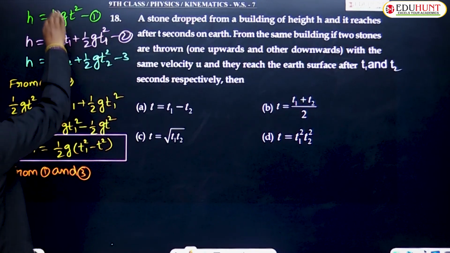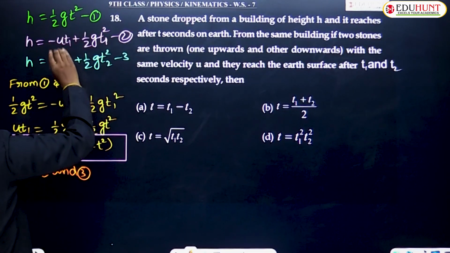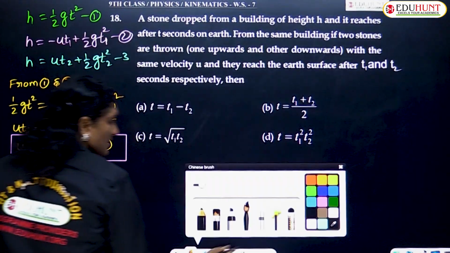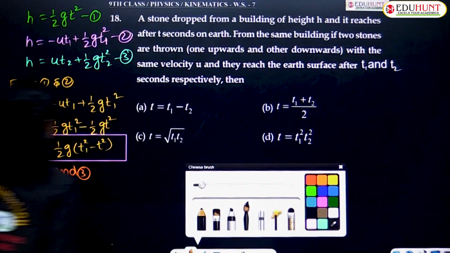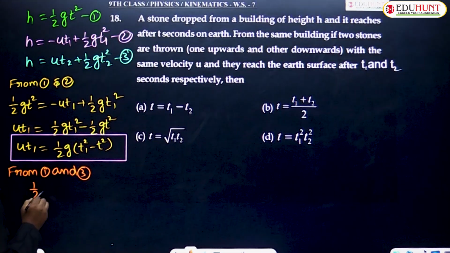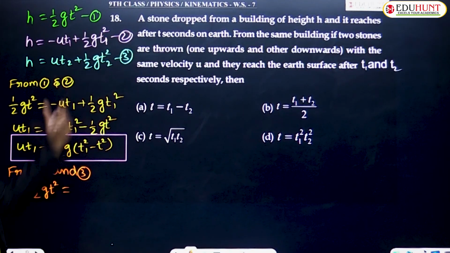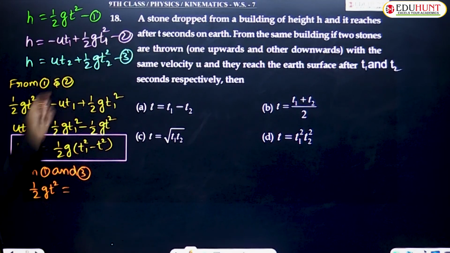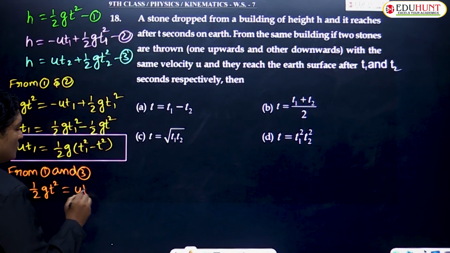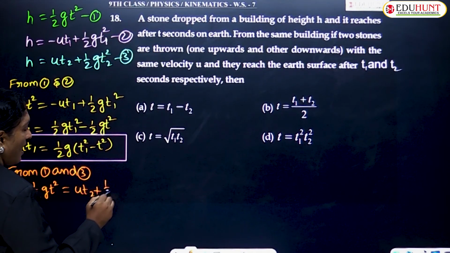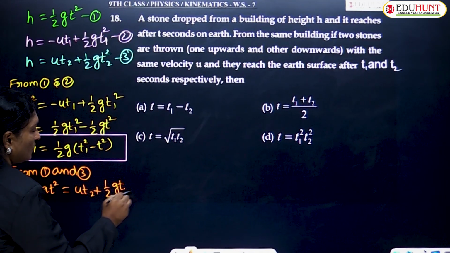So what is the right hand side in this equation? Half g t square. Case 1, half g t square equal to the third case, because it is 1 and 3 now. What is the value in the third equation? ut2 plus half g t2 square.